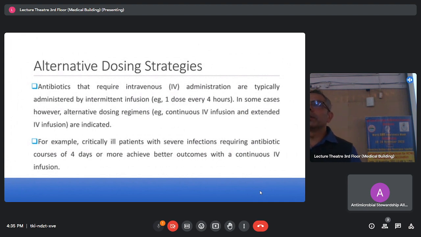Now, as a treating physician, you have the option of either upgrading your treatment to colistin or tigecycline, depending on the organism, or picking a combination of antibiotics.